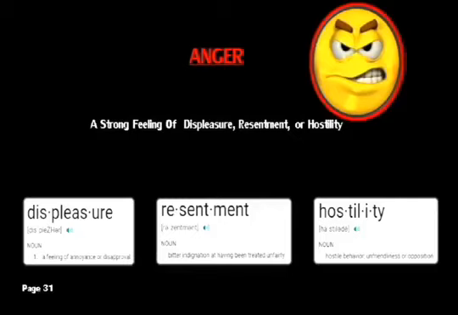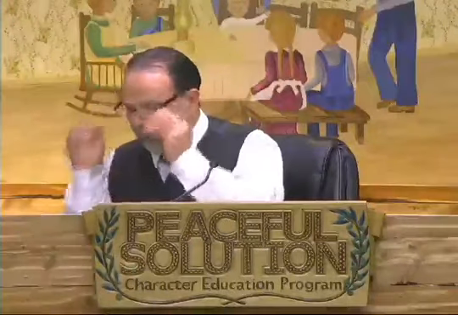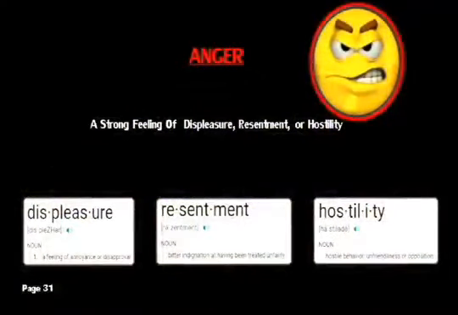We're going to learn more about that tonight when we get into the part about why we get angry. So I don't want to jump ahead, but I hope you wrote down these definitions. Again, displeasure, a feeling of annoyance or disapproval. Resentment is bitter indignation at having been treated unfairly, and hostility is hostile behavior, unfriendliness, or opposition.